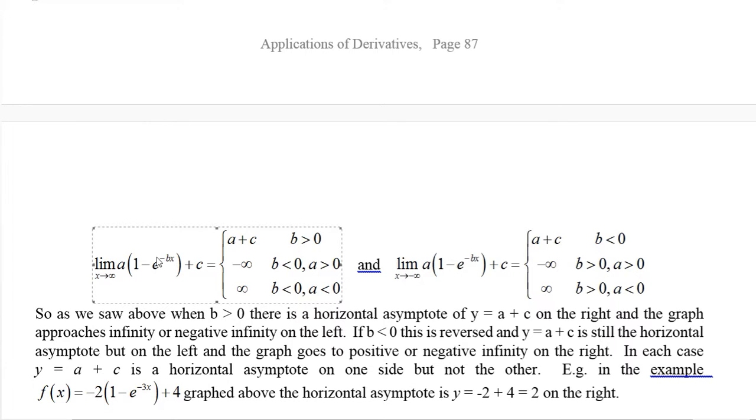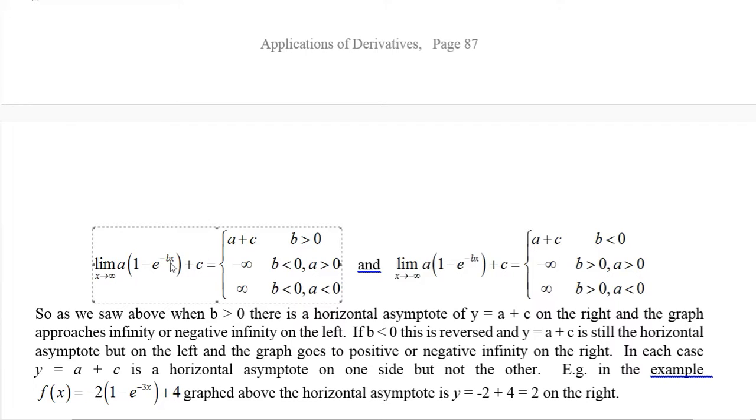So the limit of this little piece right here would be 0. 1 minus 0 is 1, and 1 times a plus c is a plus c. So if b is positive, this limit is a plus c. And so that would tell you that on the far right, you're going to have an asymptote of y equals a plus c when b is positive.